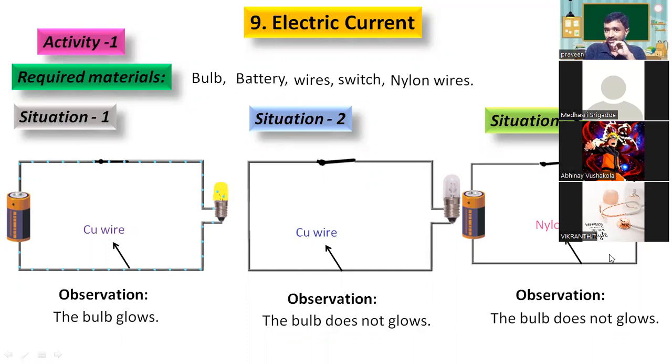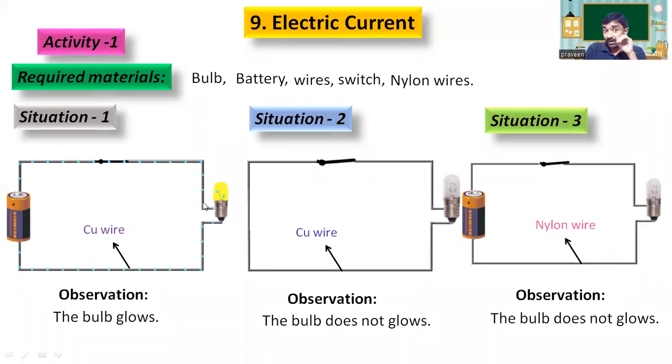Right? So, what are my observations in situations 1, 2, 3? The bulb is glowing only in situation 1, not glowing in situations 2 and 3. Then I questioned why not in situations 2 and 3. So I realized no source in situation 2, and no copper wire in situation 3.